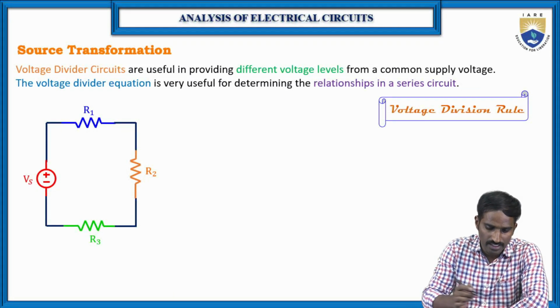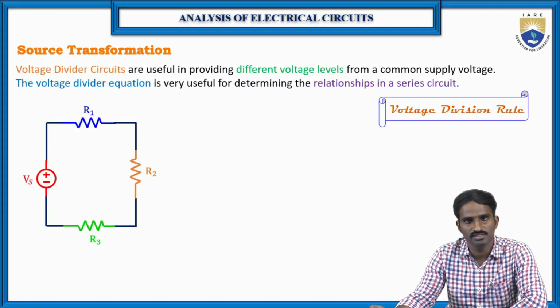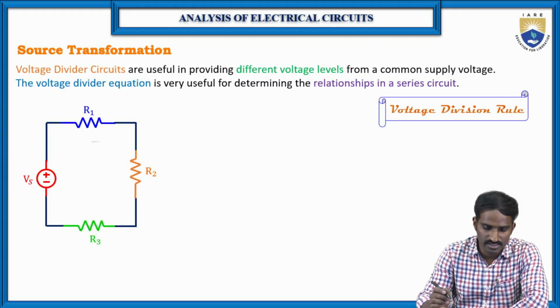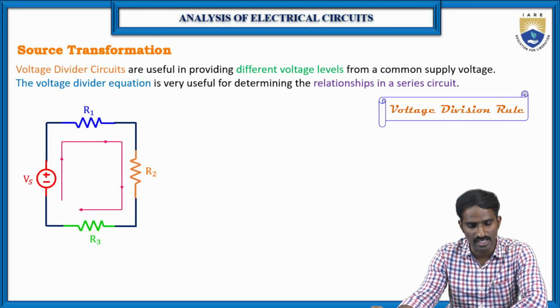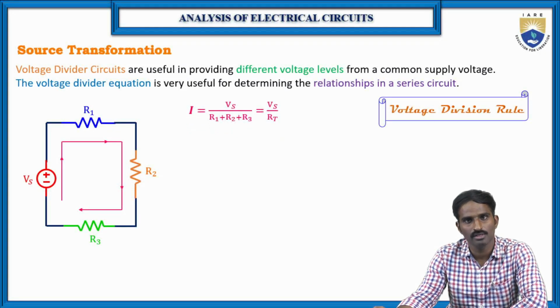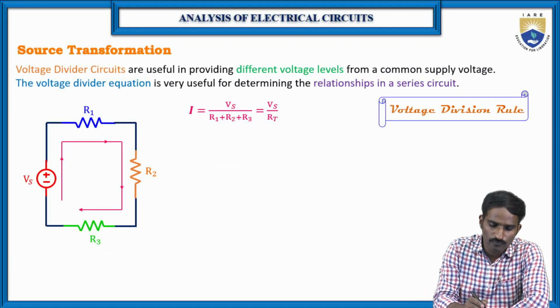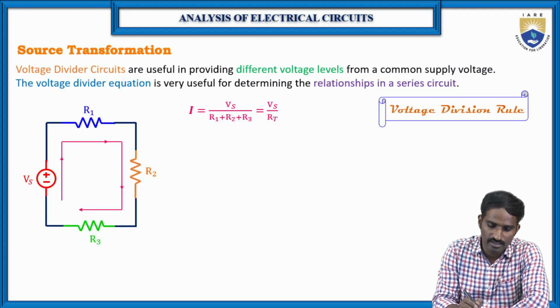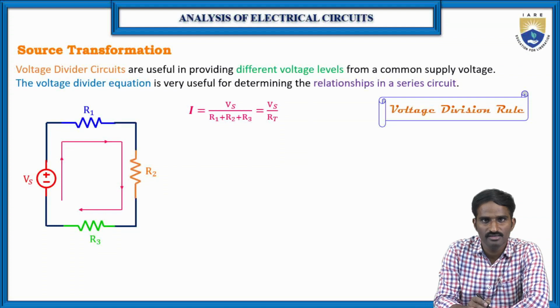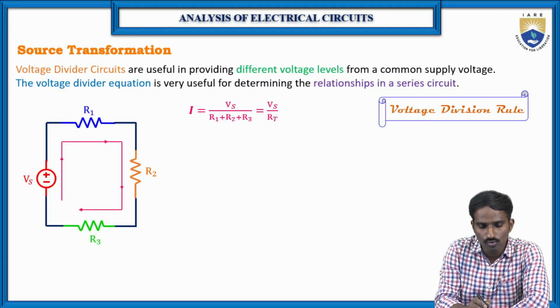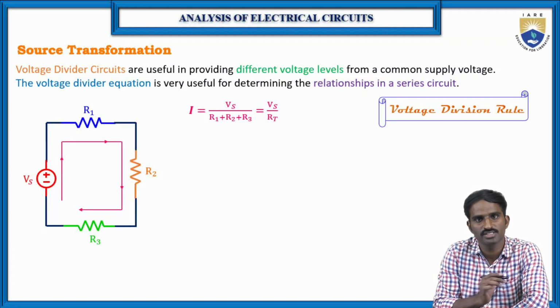Let us consider this is the total voltage Vs, and the current flowing through the circuit is I. Then how to find the voltage across R1, R2 and R3? The total voltage is distributed, some of the voltage across R1, some across R2 and some across R3.